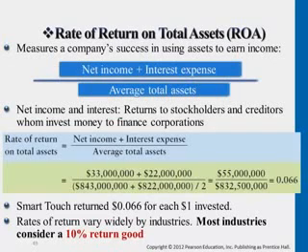Okay, so you can see the numerator part is referring to the return, and then total assets, we measure it by average assets. Whenever you see average assets, or average of anything, that basically means the beginning plus ending divided by 2.